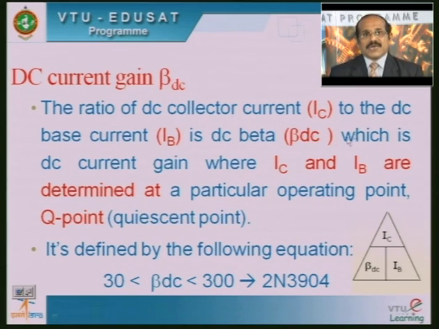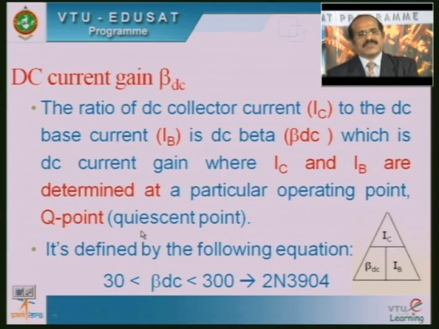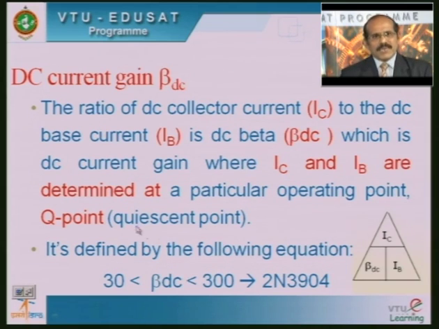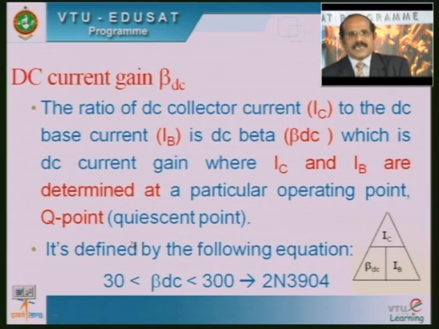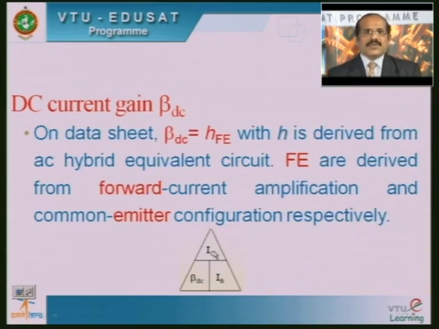Here IC and IB are determined at a particular operating point, called the Q point, or quiescent point. Quiescent means silent point, which represents the operating point of the BJT. Please note that beta DC ranges from 30 to 300 for a transistor 2N3904.